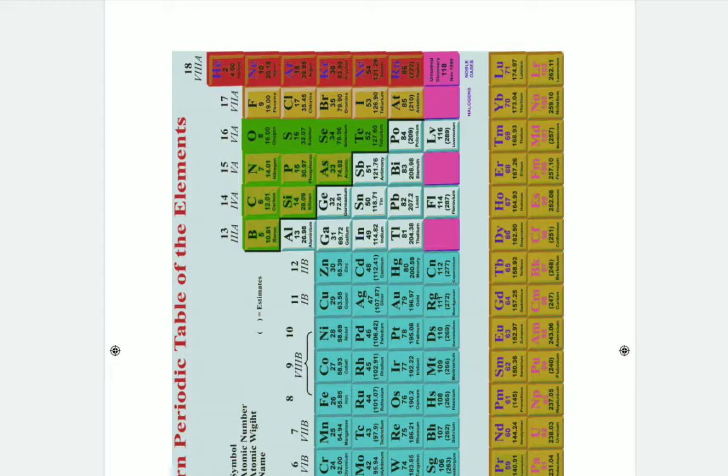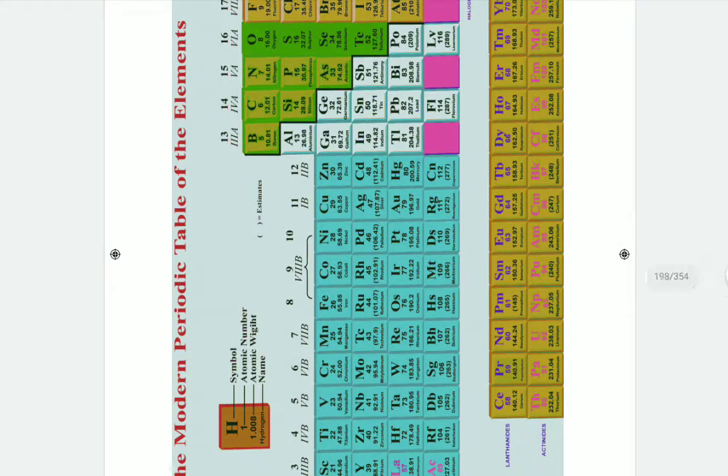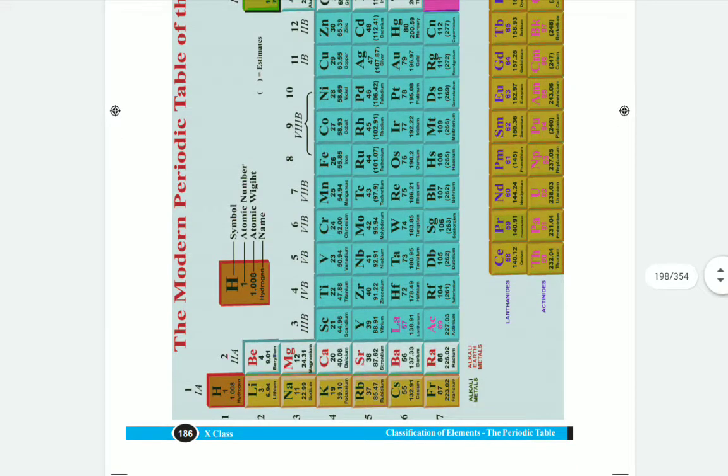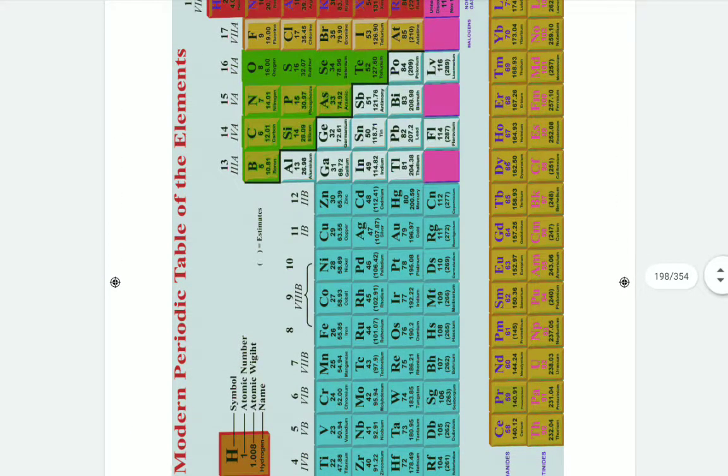So this is the modern periodic table, children. Here you can see 18 groups and 7 periods. The 18 groups we already discussed in the last class, so today we are going to discuss the periods in the modern periodic table.